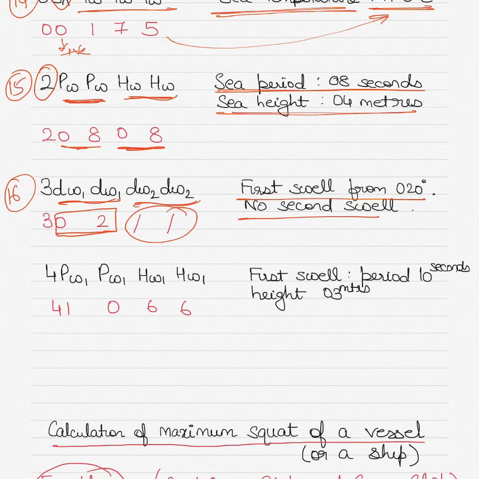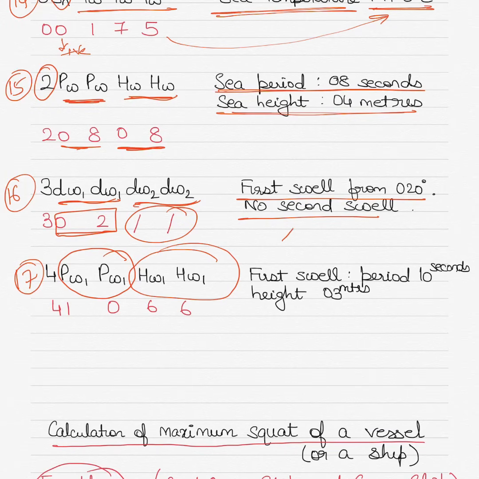Then number 17 is where the height of the C swell, first swell, and the height of the second swell is given. PW1 is the period of the first swell, and if there is a second swell, then there will be PW2, but HW1 is the height of the first swell.